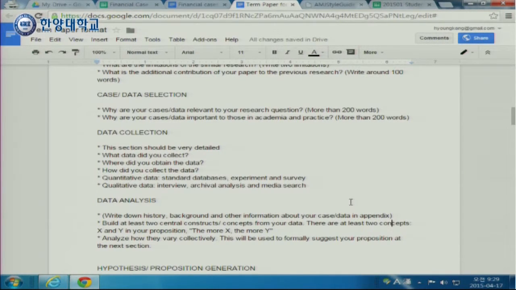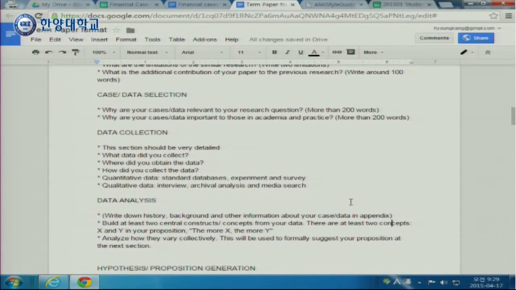Maybe it is profit or ROA, some sort of strategic action, or some sort of practice in Islamic banking in your example. Some important concept, but there should be two. Not one. At least two important constructs.